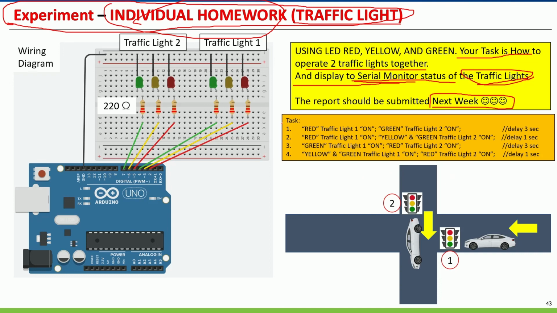Understand? So the text is this one. Write traffic light 1 on and green traffic light 2 on. So this car will move because this is green. So traffic light 2 is green, this is red. This car should be stopped, and this car moves.